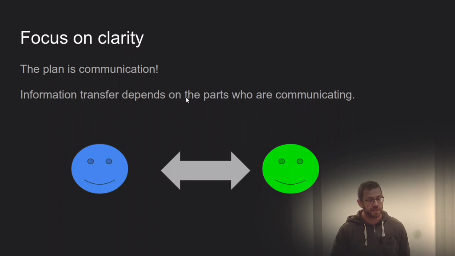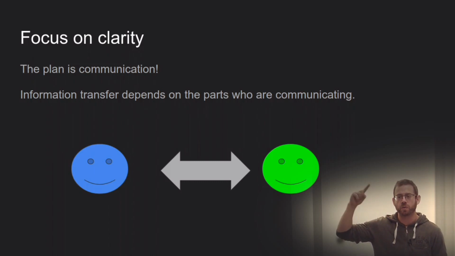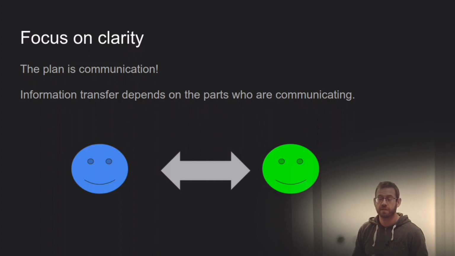And a plan is about communication. When you write these documents, and when you read these documents in order to see if they're good or not, think of the person who's going to read them. Ask yourself, am I really communicating what I'm trying to say here? There needs to be some kind of information transfer between different parts.